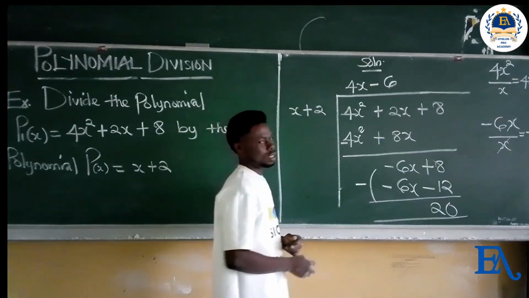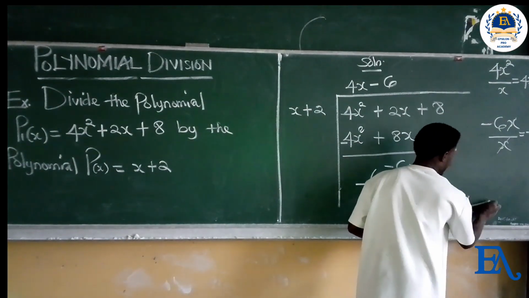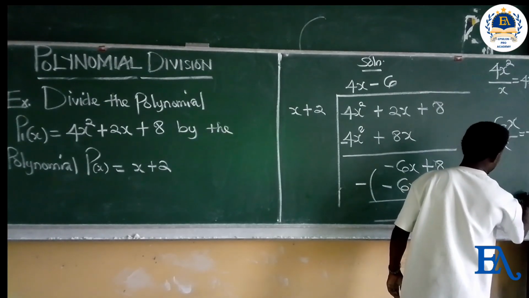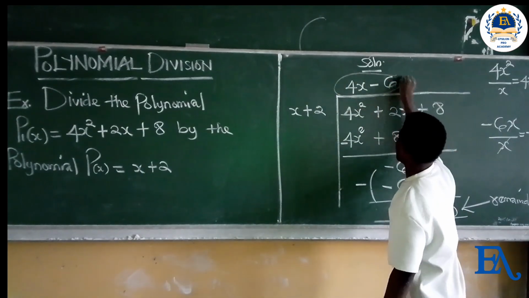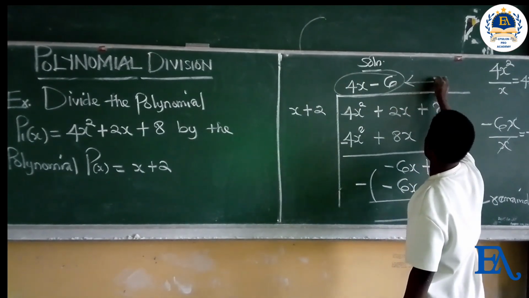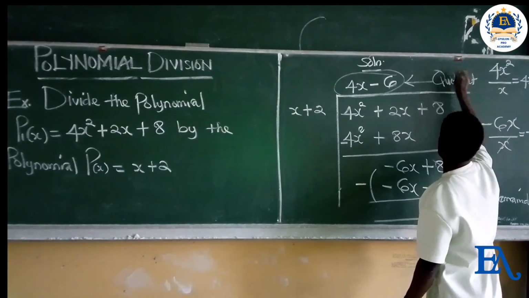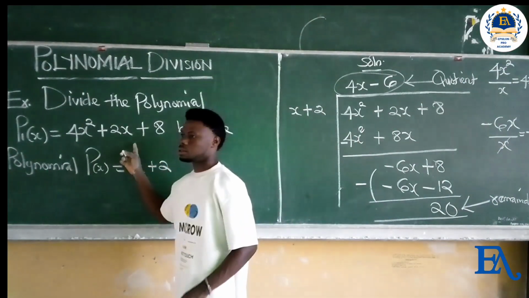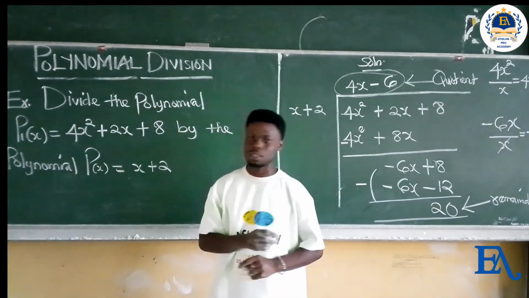This final result is what we call the remainder. And this expression written here is what we call the quotient. Whereas the numerator that was given is called the dividend and the denominator is called the divisor.